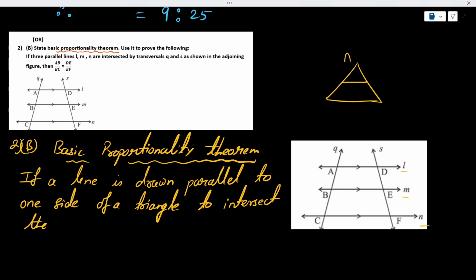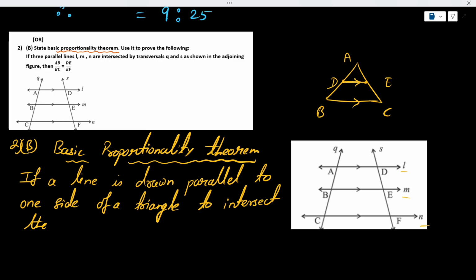See, if ABC is a triangle, the line segment, if I take it as DE, which is drawn parallel to BC, one of the sides of a triangle, to intersect the other two sides. You can see that DE is intersecting AB and AC at two distinct points, which are D and E, right?